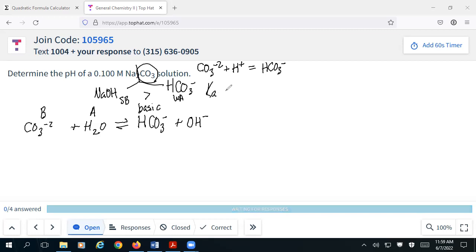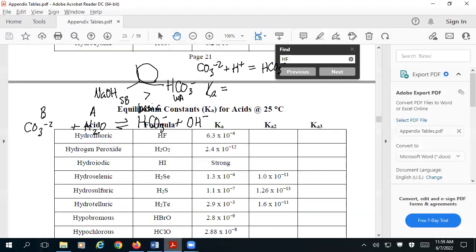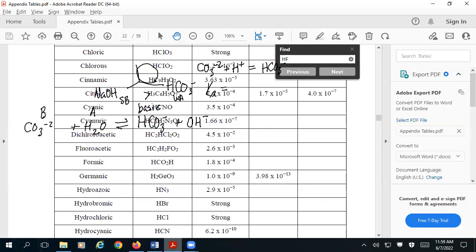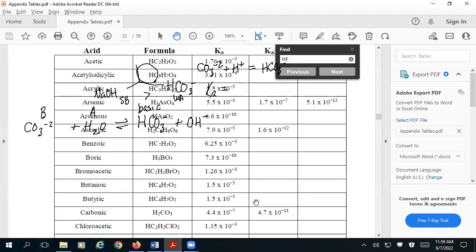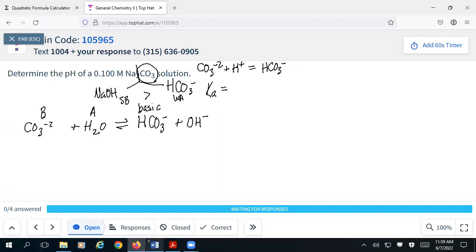We need to know the Ka value of the bicarbonate ion. So we got to go to our table. The Ka value for bicarbonate is 4.7 times 10 to the negative 11th.